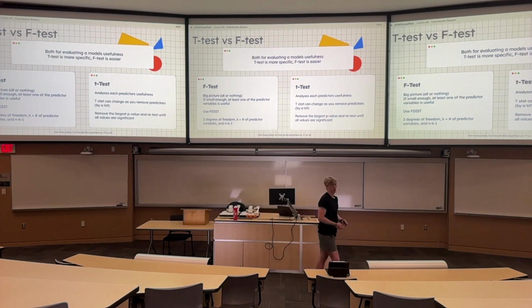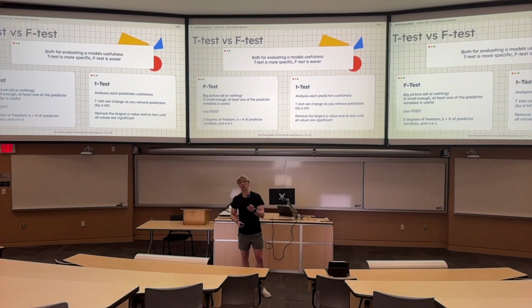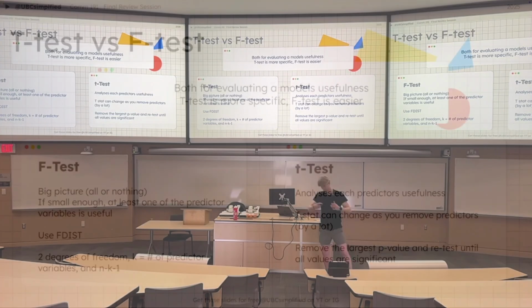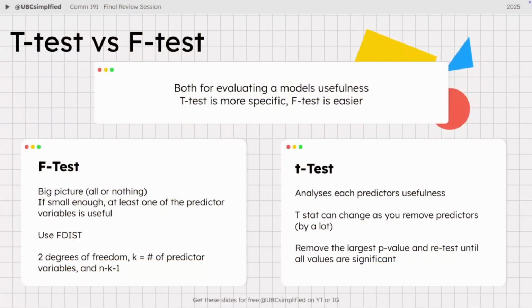One will be your K, your number of predictors, and the other will be your N minus K minus 1. So make sure you know the order for those degrees of freedom, and include both if you have to calculate the p-value from an F statistic. Okay, so that's the big picture, right? You're just testing, okay, of these 10 predictors, is at least one of them useful? Can we use it? The t-test, on the other hand, works more individually.